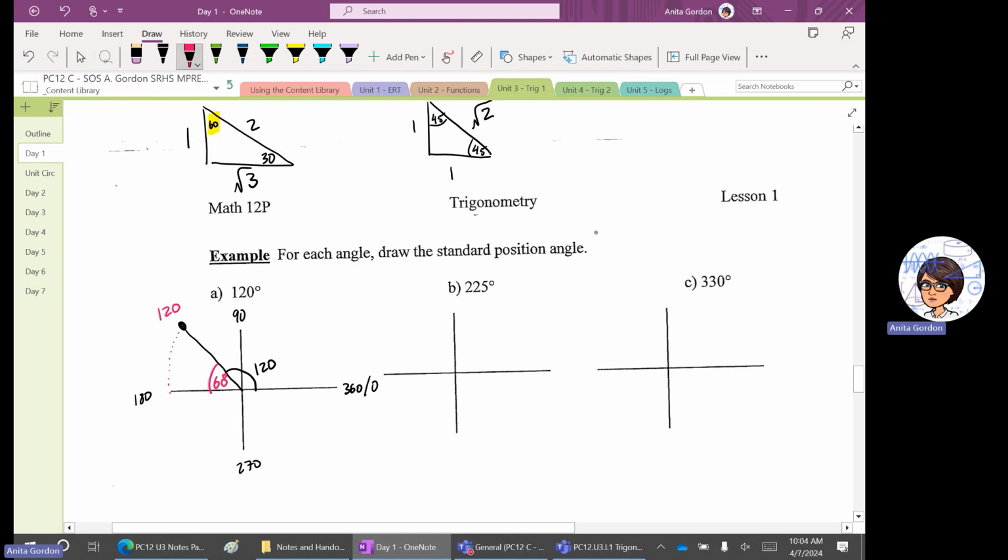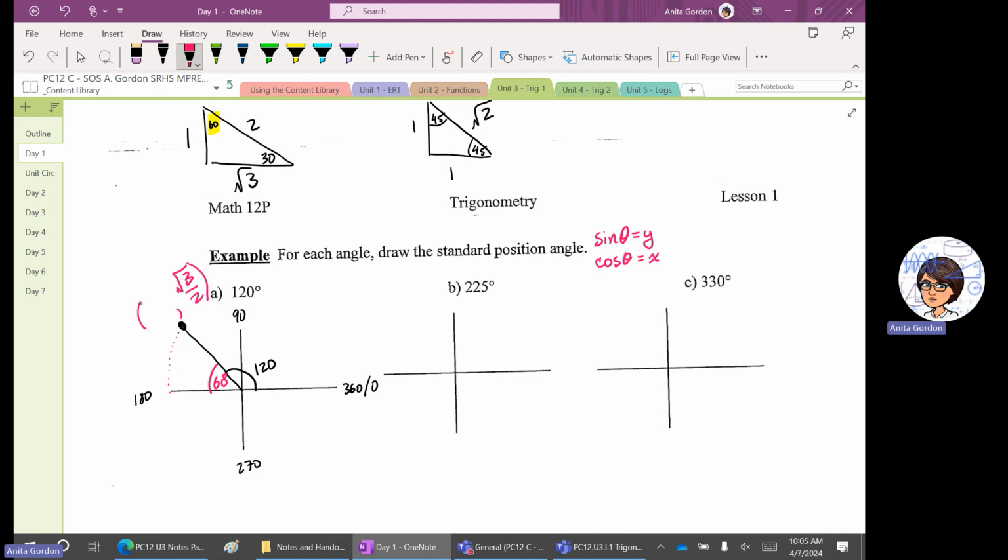Remember that sine of the angle represents the y coordinate and cosine of the angle represents the x coordinate. So the coordinates here are going to be the y value. The sine of 60 degrees is root 3 over 2. And what's the cosine of 60 degrees?